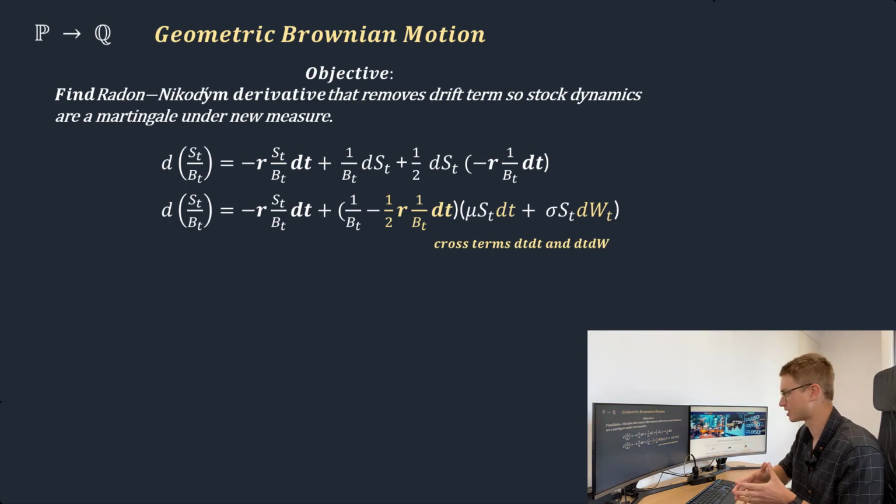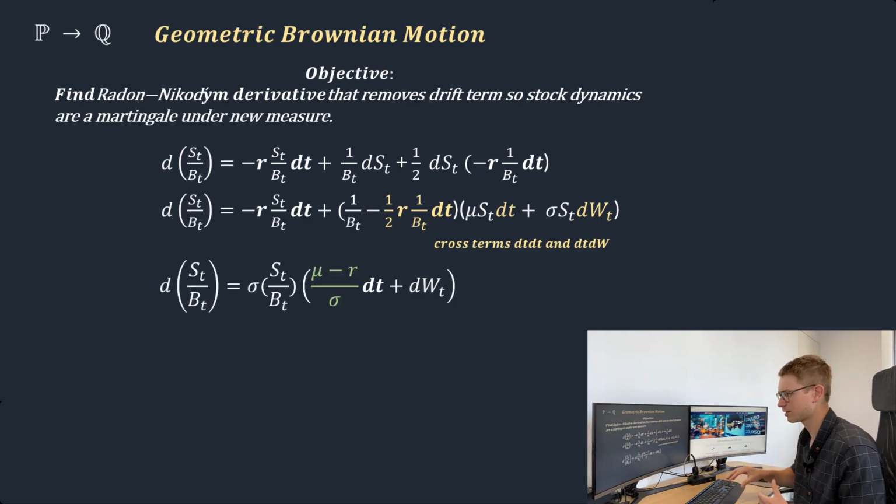Remember in our Ito calculus that cross terms of dt and dt approach 0, and the same with dt and dW. So we can actually cross out that entire term that I have in yellow on the left-hand side in the factorization, but that's still going to cross multiply to the 1 over BT. If you take that one step further, and factorize out by the volatility and then the ST over BT factor, you get this transformation of the Wiener process by this deterministic term.